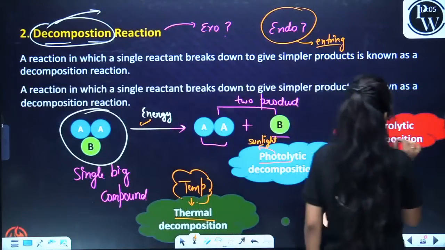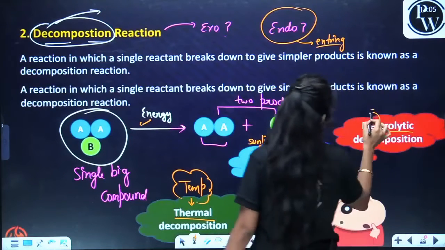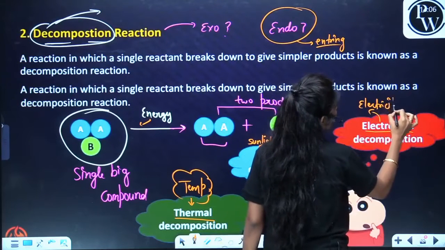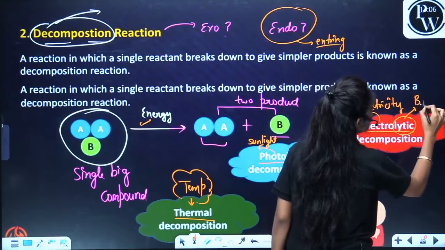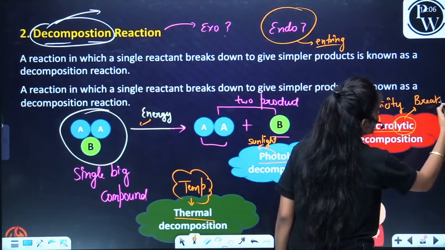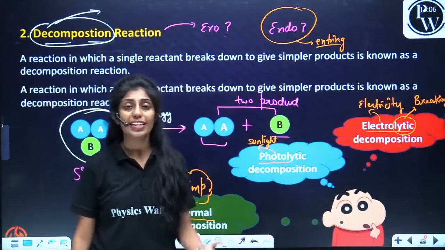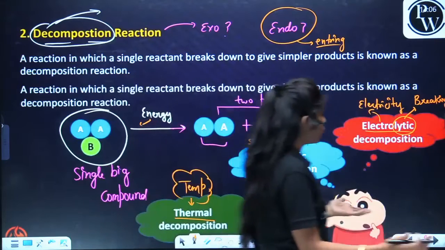Last but not least, in our syllabus, we also see electrolytic decomposition. Electro means electricity, and lytic means breaking down. So if any substance breaks down in the presence of electricity, that is called electrolytic decomposition. That is very easy.